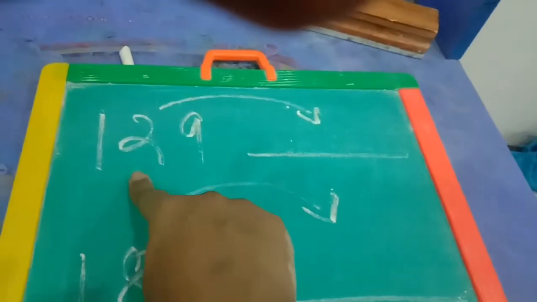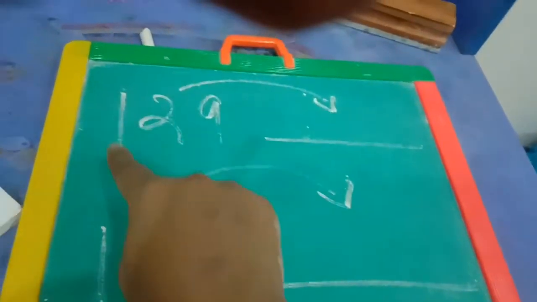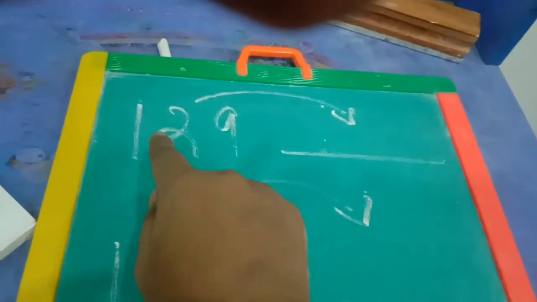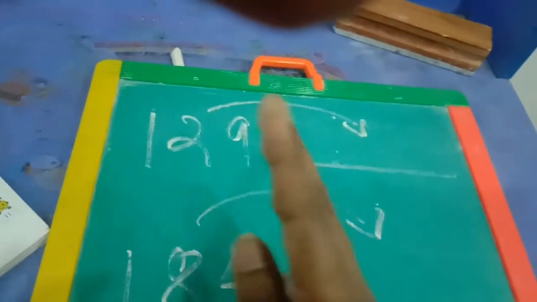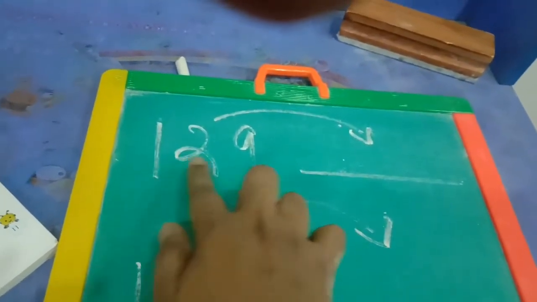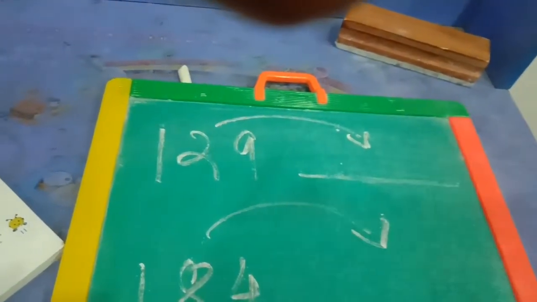To solve the after numbers sums, we will do the normal counting. The normal way you do the counting, like 1, 2, 3, 4, the same way. So after 129, what comes? 130.